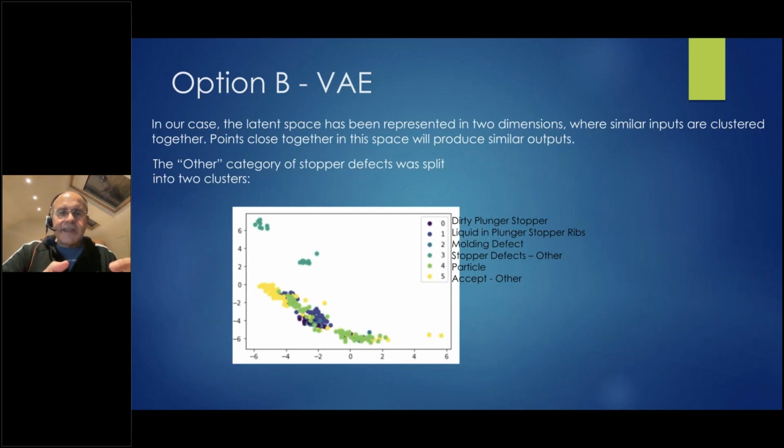There is an area where points from multiple categories overlap each other. Definitely we cannot use that area, because if you move in that part of the latent space, you get images that don't make sense at all.